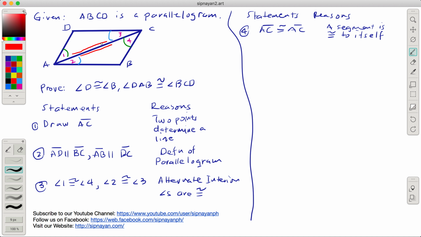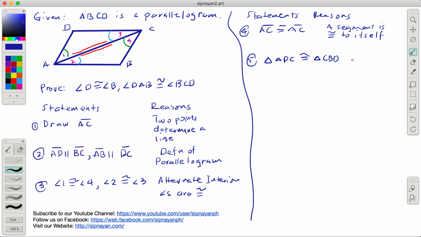Tapos napapagitnaan itong side. So, ibig sabihin, itong dalawang triangles na to ay congruent by, anong hula nyo? By what reason? So, triangle ADC is congruent to triangle CBD.